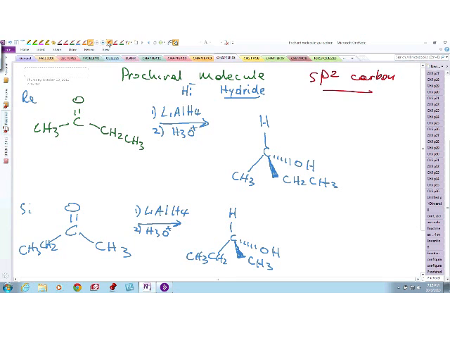We get those two products. Let us call this product A and call this product B. Those are two different products, depending on the face from which the hydride approaches this molecule here. If it approaches from the Re face, we get this product, compound A. If it approaches from the Si face, we get compound B.